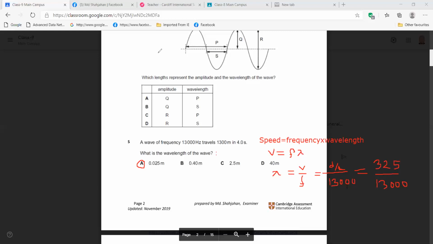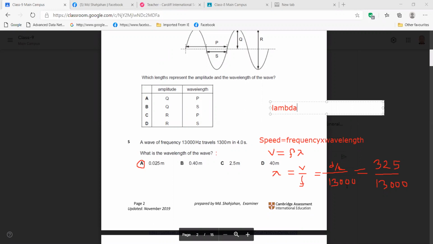What is the symbol of wavelength? Can you tell me all together? Lambda. Say again loudly, everyone.